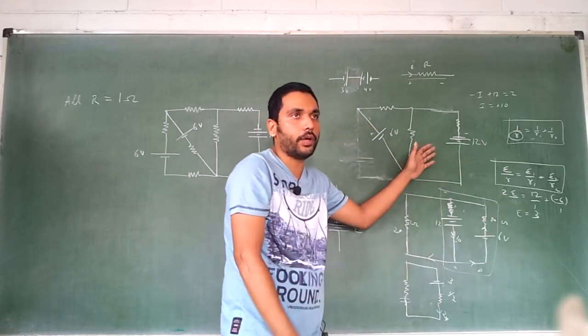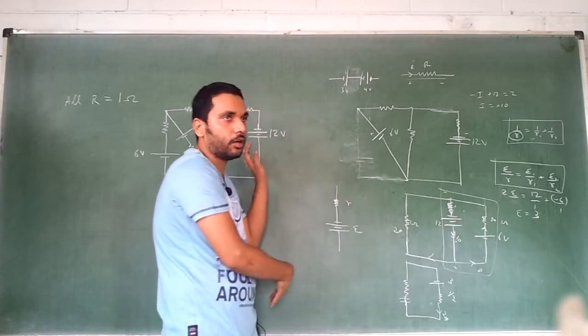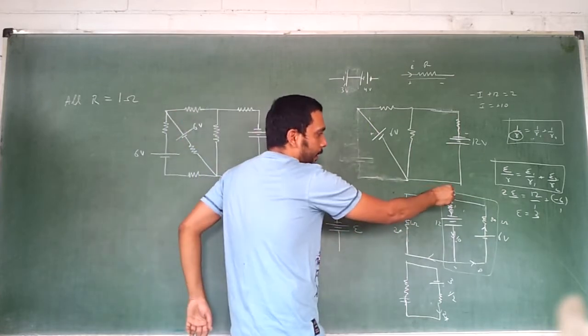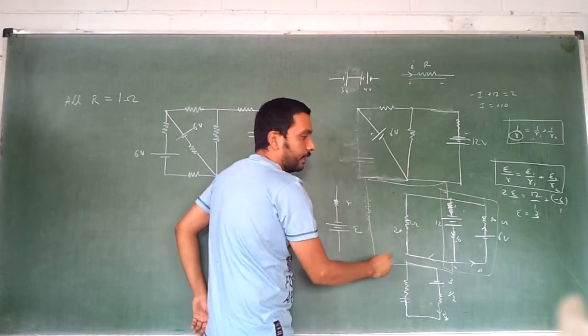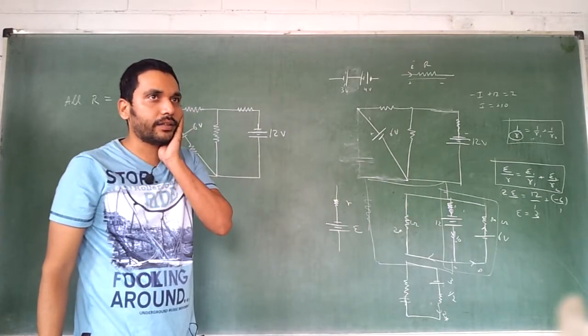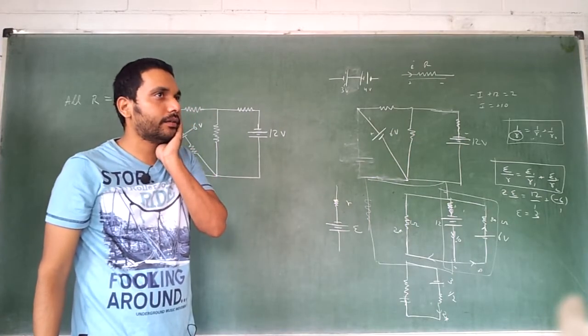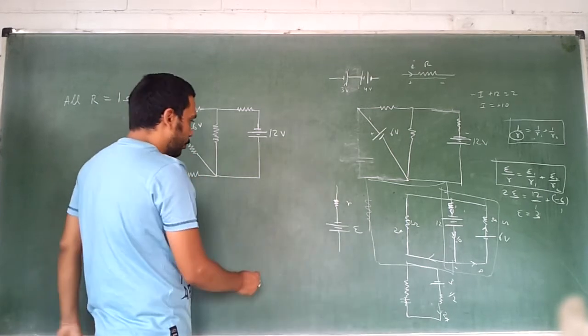Is the current going anywhere? Current is going internally in all the three, but it is not going outside. If I had attached a circuit like this outside, then the current would have been going in that or not? Is it clear? Is this point clear? I'll repeat this point.